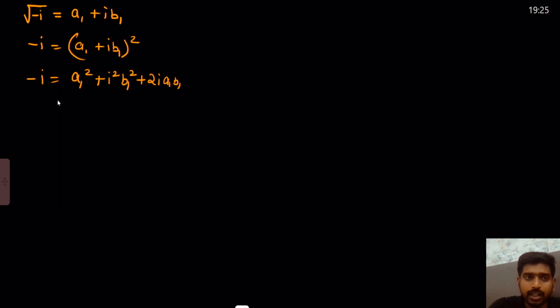Got it? Now next, minus iota equals a1 square, i square is minus 1, so minus b1 square, plus iota times 2a1 b1. Got it?